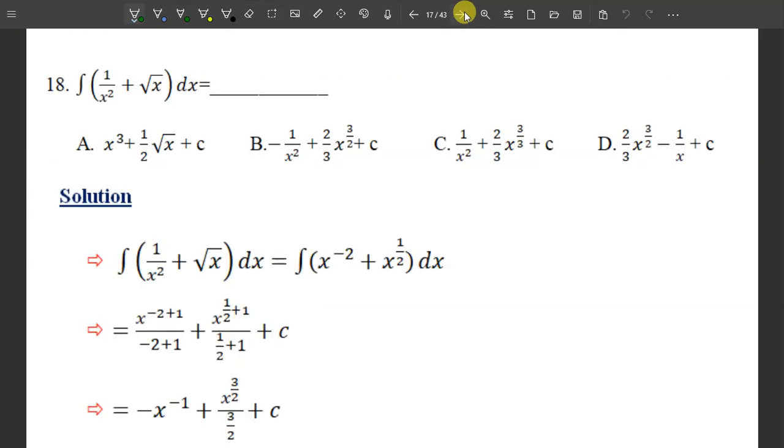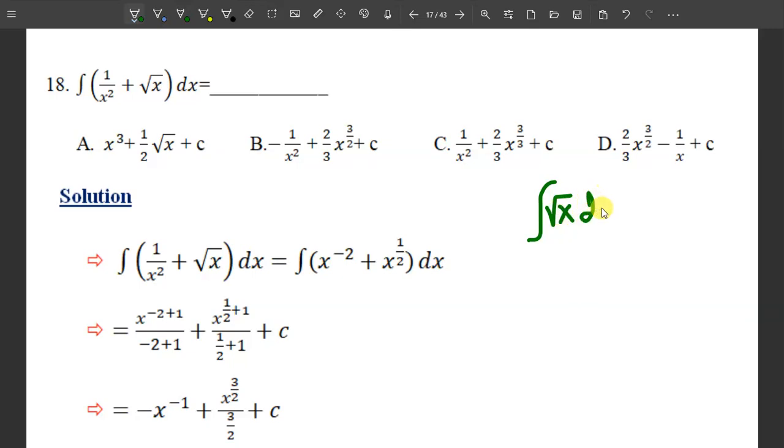Question number 18. It says the indefinite integral of 1 over x squared plus radical x dx is equal to, that is what the question says. Always here, for the integral of radical x, use this one.